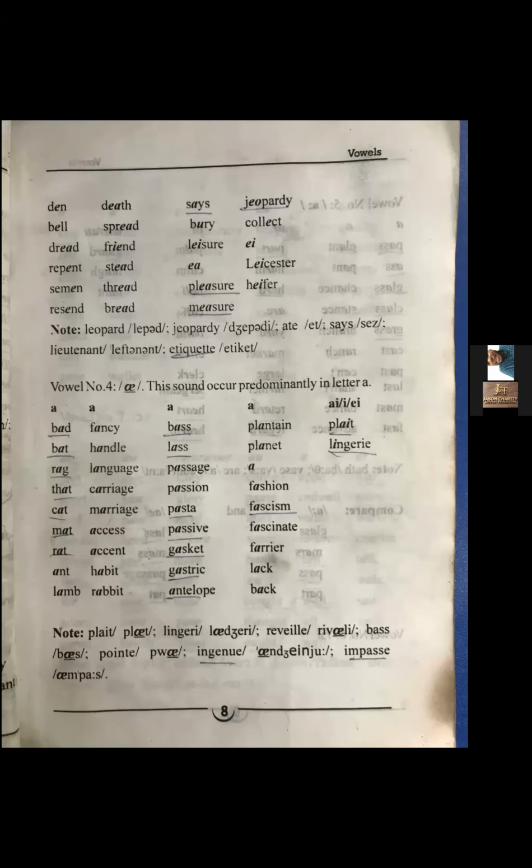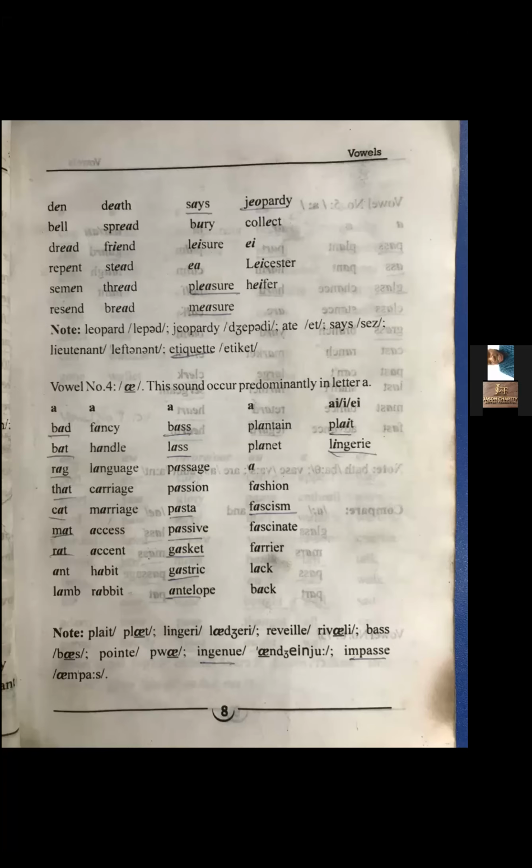We have it in says. Please, it is not pronounced the way it looks; S-A-Y-S is pronounced "sez". And then we have it in bury, leisure, pleasure, measure, and jeopardy.